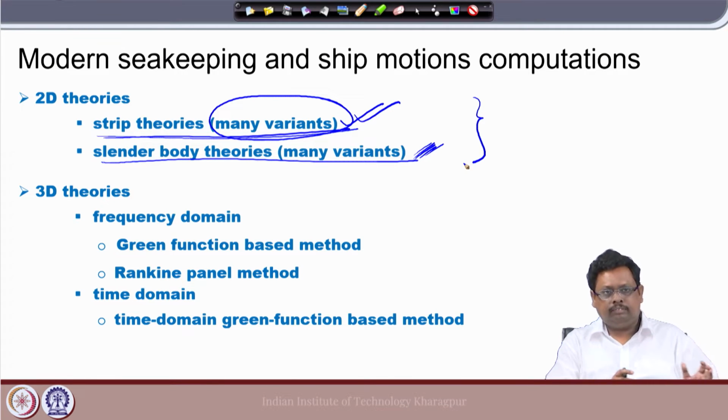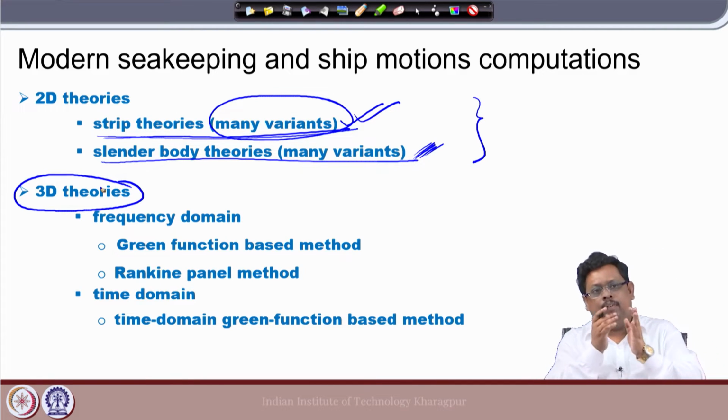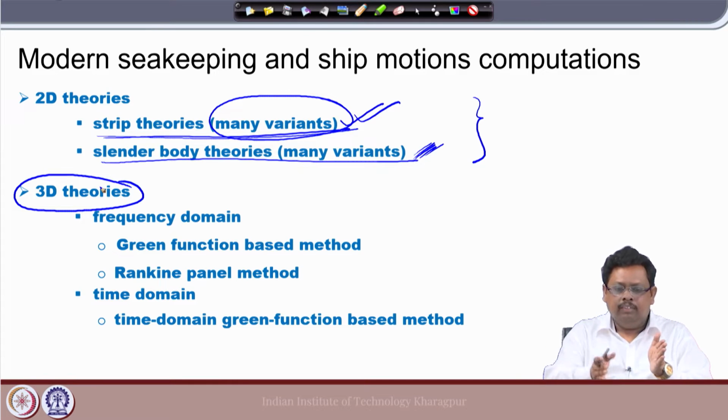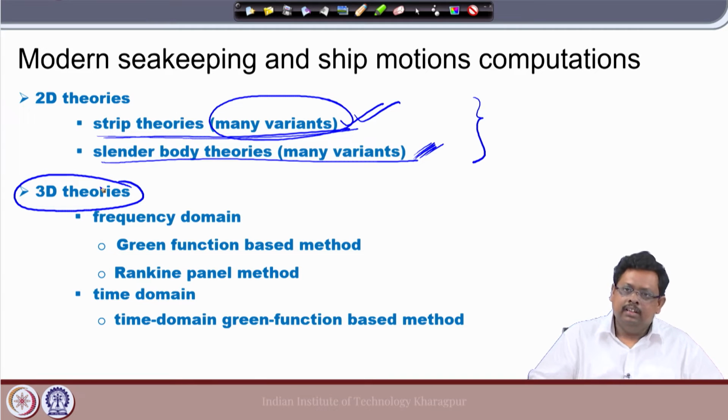However, in three dimensional theories, from the beginning we take a three dimensional body, so we do not have to do any simplification by cutting the ship into different sections.